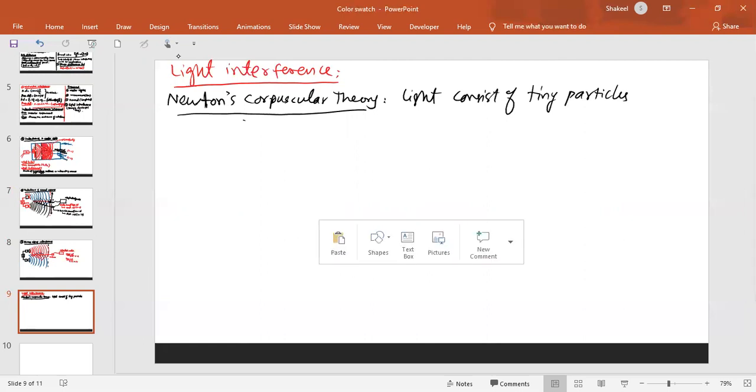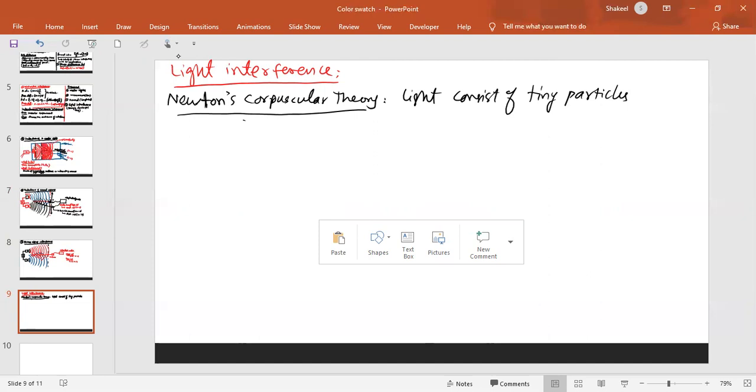Then several other scientists came and said that light has a wave nature, not a particle nature. But again, his reputation was too strong, so no one could deny that.